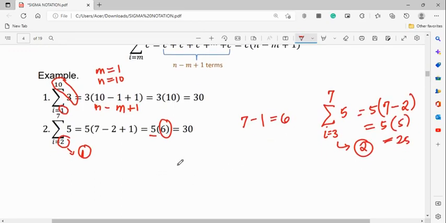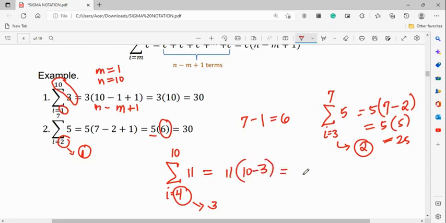Another, the summation of 11 from, let's say, 4 to 10. Okay? The number before 4 is 3. Tanggalin ng 3 sa 10. So, 11 times 10 minus 3. So, 11 times 7. The answer is 77. Okay? So, ganun lang yung sinasabi nitong rule.